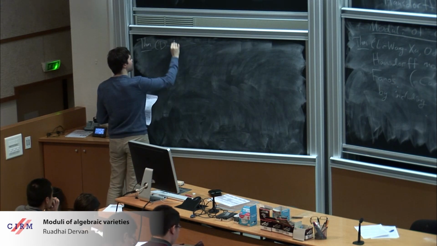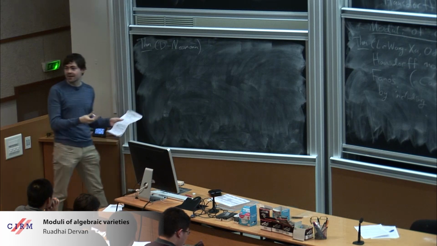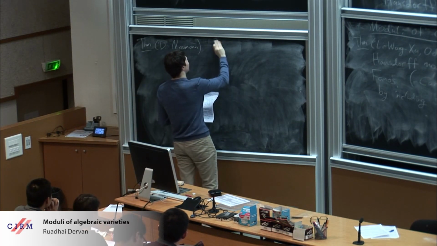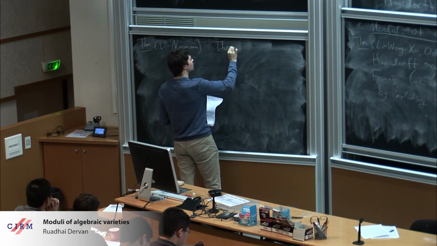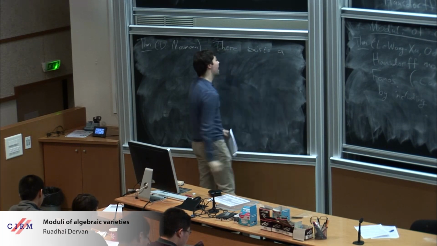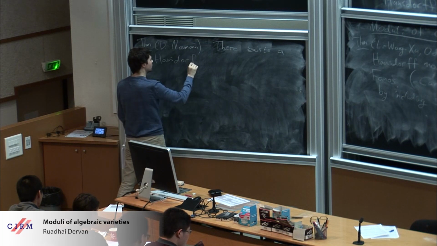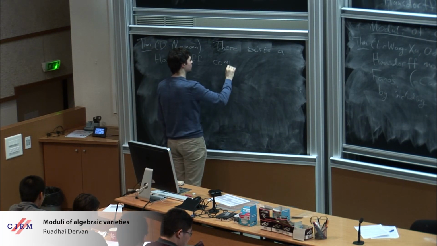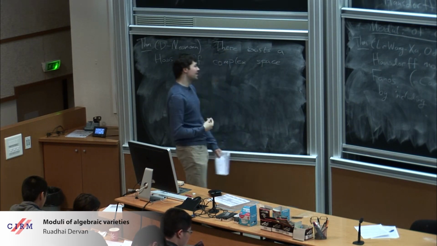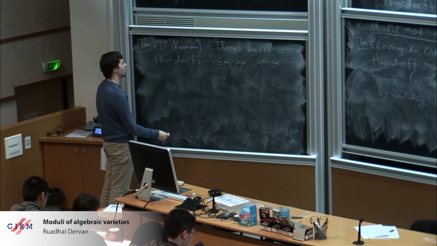Theorem, which is joint work with Philipp Naumann, who's actually in the audience somewhere right at the back. So there exists a Hausdorff complex space which is indeed a moduli space of polarized varieties that admit a constant scalar curvature metric.